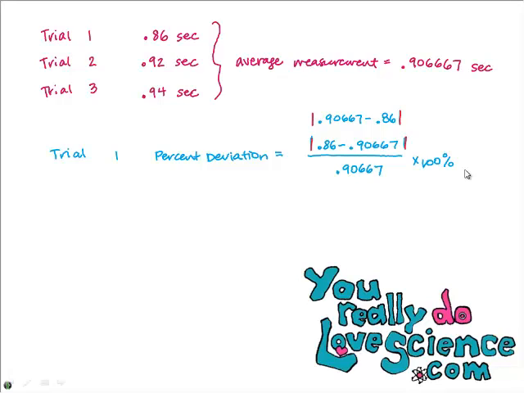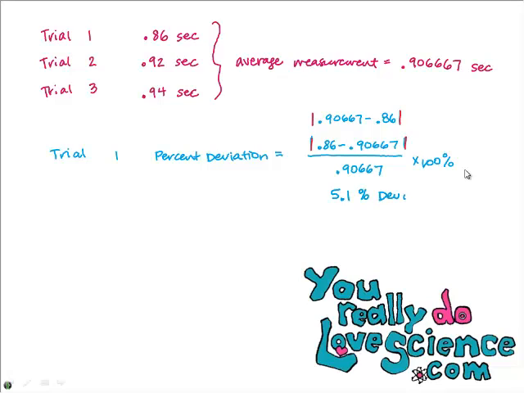So my percent deviation for trial 1 was 5.147, and I'll look at these significant digits. I see that I've got 2 significant figures in all of my measurements, so I'm going to call this 5.1%. So I'm going to say 5.1% deviation, and that was for trial 1.